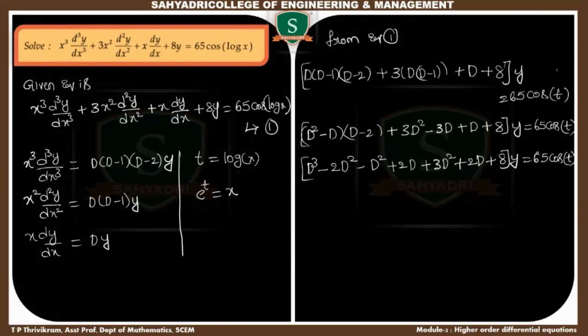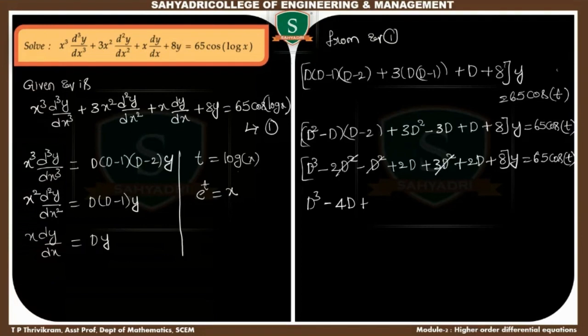So now again simplify this. D cube, minus 3d square here, plus 3d square, so these two get cancelled. Next, 2d plus 2d.